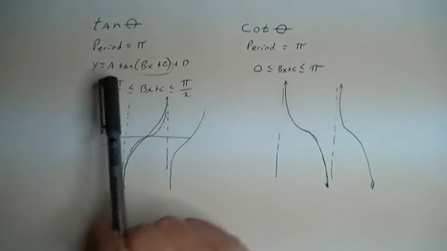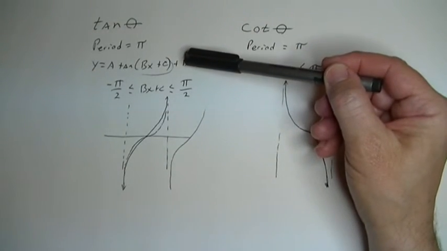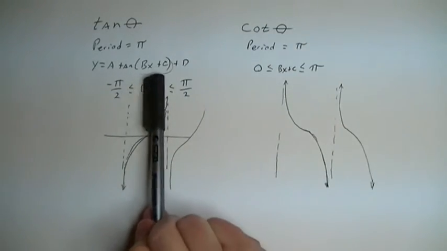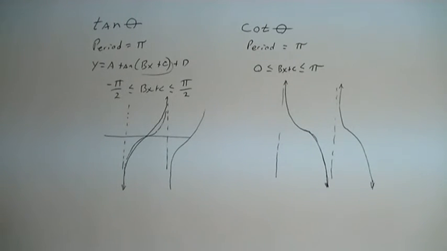Amplitude changes a little. This is still a vertical shift. Your phase shift and your period can be changed by B and C in exactly the same way that they were with the sine and the cosine. So at this point, you should have all the skills you need. I may do some more videos on some specific functions and graphing them. But other than that, you should be able to be successful at graphing trigonometric functions.